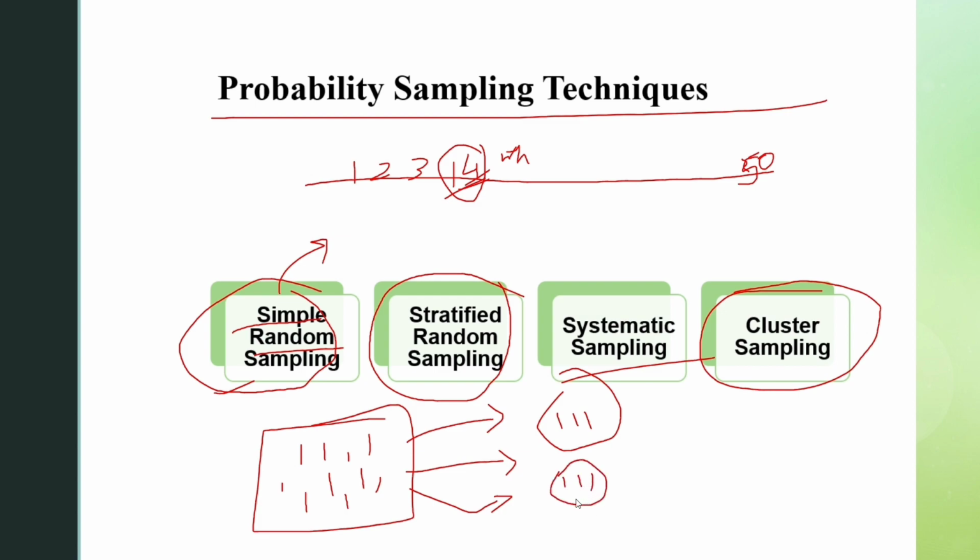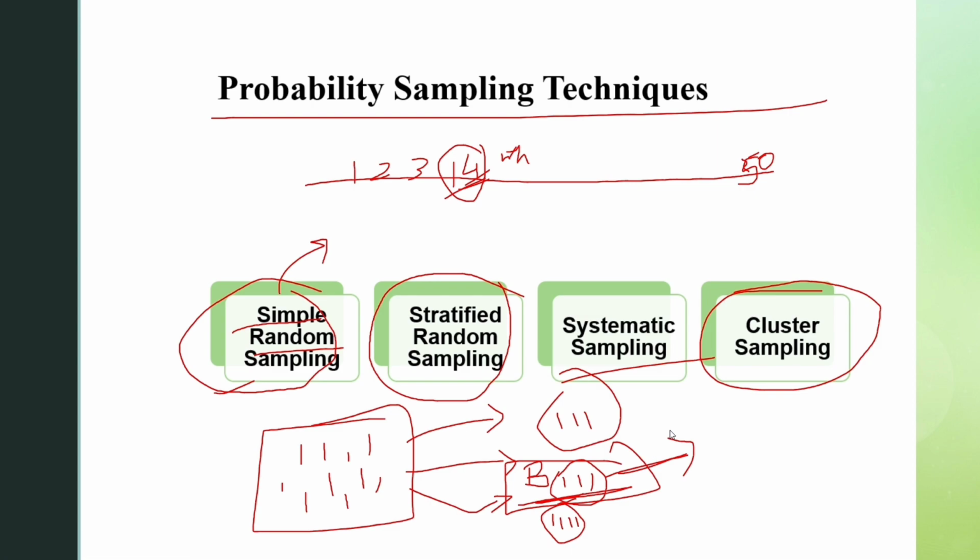Now we randomly select this particular cluster or group. So every individual present in this group B will get selected automatically. It is often used in situations where it is difficult or impractical to create a sampling frame.